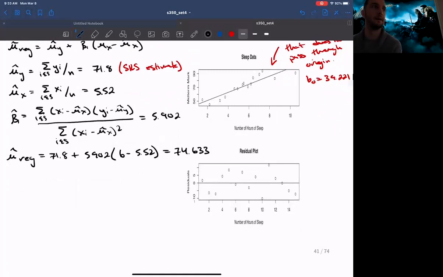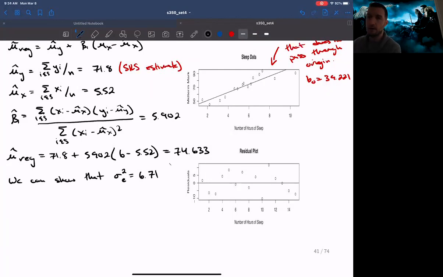Okay, so in this situation, we can show that sigma squared E is equal to 6.71, okay?